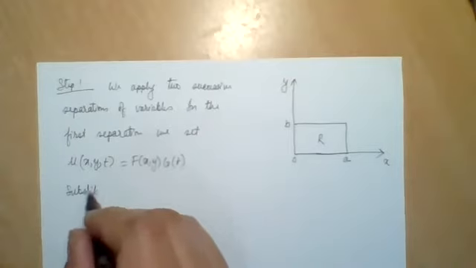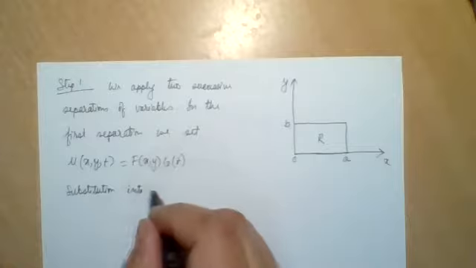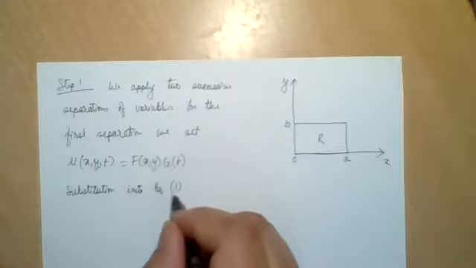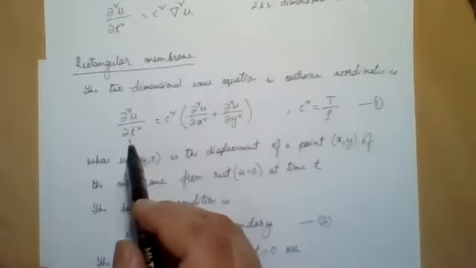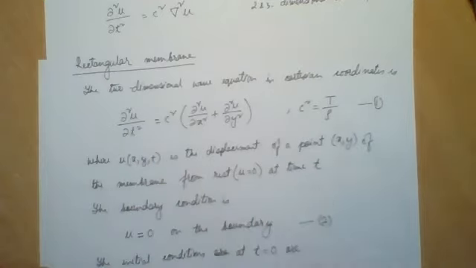Okay, so substitution into equation number 1. And what is equation number 1? Equation number 1 is the wave equation. So we substitute u equal to f times g in this equation number 1.